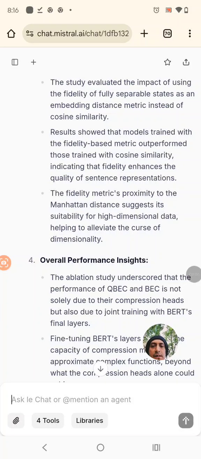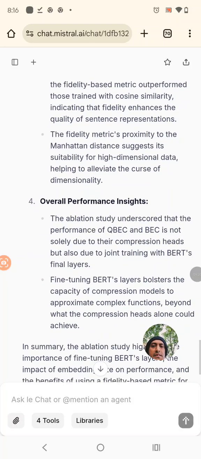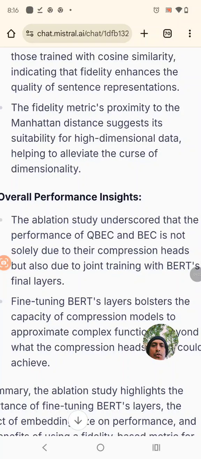Now, the fidelity metric results are interesting. Results showed that models trained with the fidelity-based metric outperformed those trained with cosine similarity. The metric's proximity to the Manhattan distance suggests its suitability for higher dimensional data, helping to alleviate the curse of dimensionality.